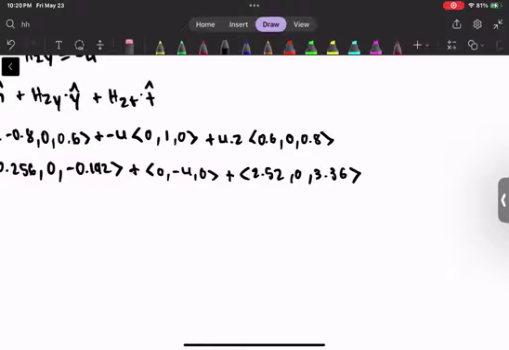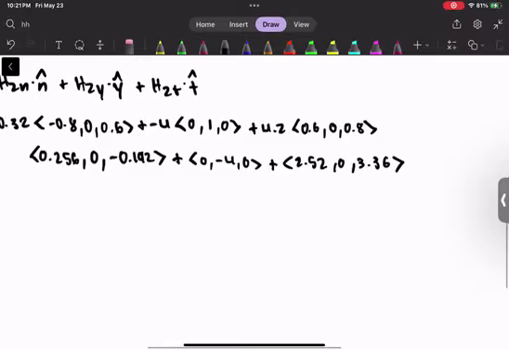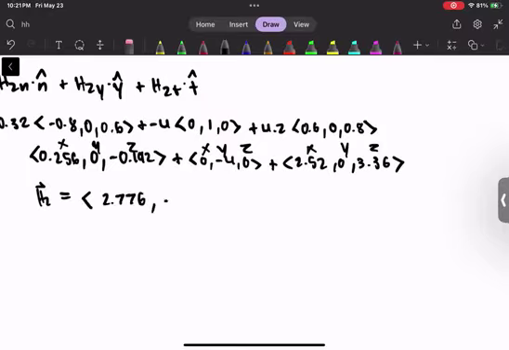Remember, a scalar times a vector is a vector, and you can add these vectors up together. And this is going to be H2 equals, if you add all these component by component, X, Y, Z, 2.776, 4, 3.